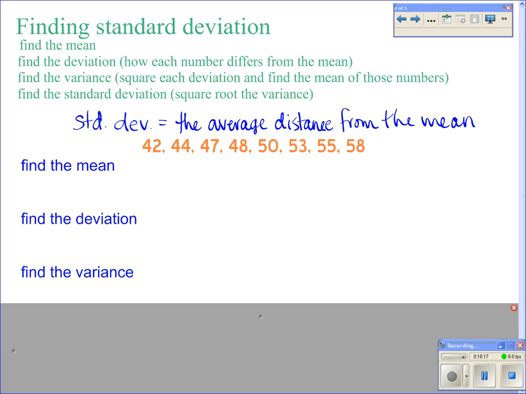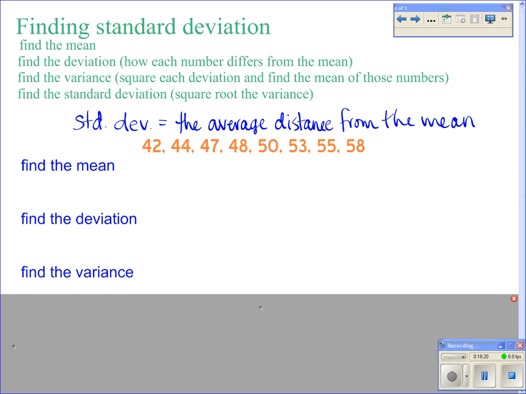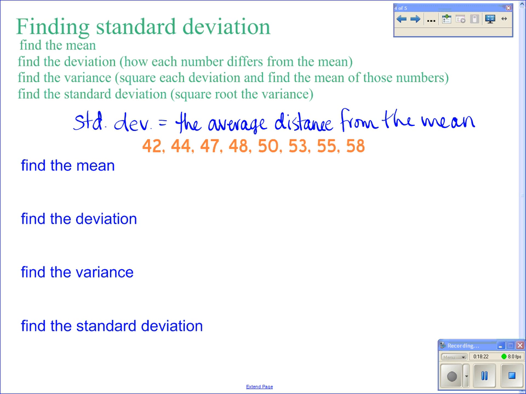So we're going to do these things. If somebody could start calculating the mean, that would be awesome. And just round to the nearest tenth.